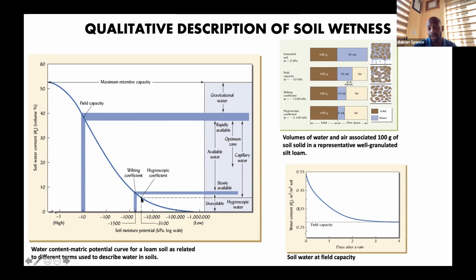Now, drying will continue further, dependent on your conditions, and that takes you down to what you call your hygroscopic coefficient. Now, essentially, that water is unavailable to plants and is only present in very, very thin films around the soil particles. So totally unavailable to plants because plants cannot exert enough energy to remove this. Now, this is something that we often see in soils with high clay content.